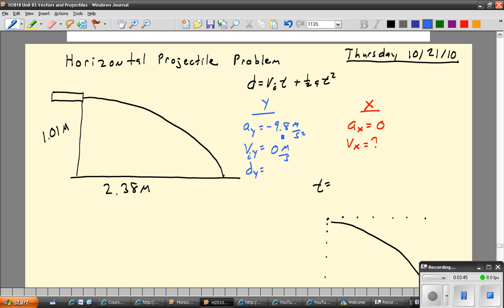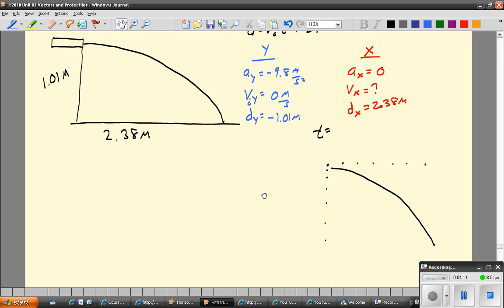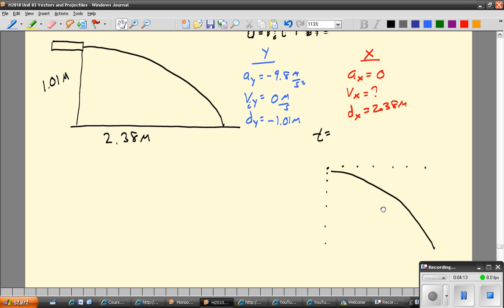Since we're taking a negative acceleration to be down, when I go down, it has to be a negative displacement, so negative 1.01 meters. The x direction, the distance there, is 2.38 meters. So the first thing I'm going to do is try to find the y time, which is going to be the same as the x time.